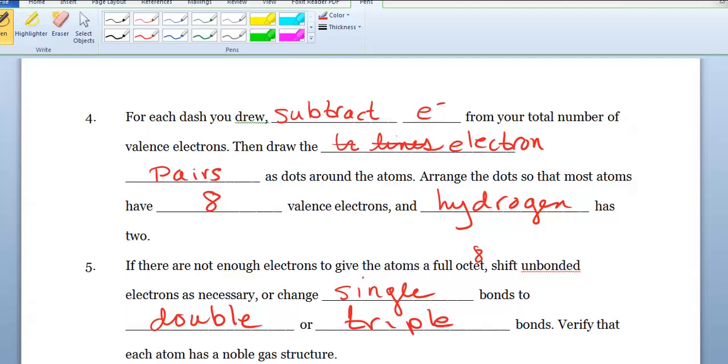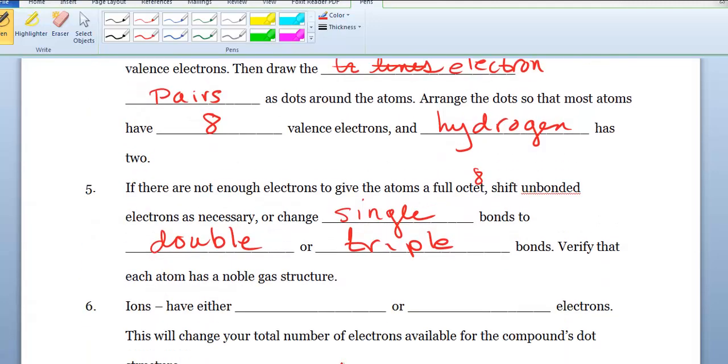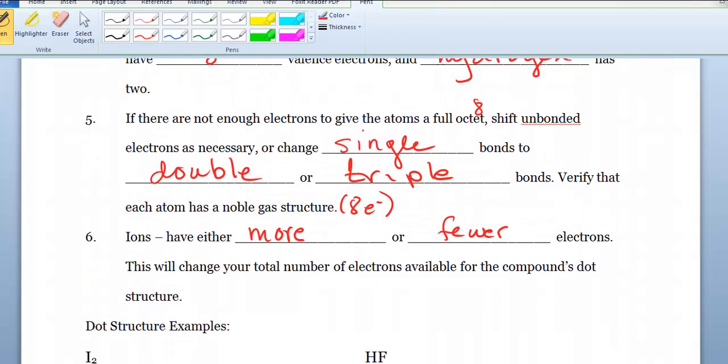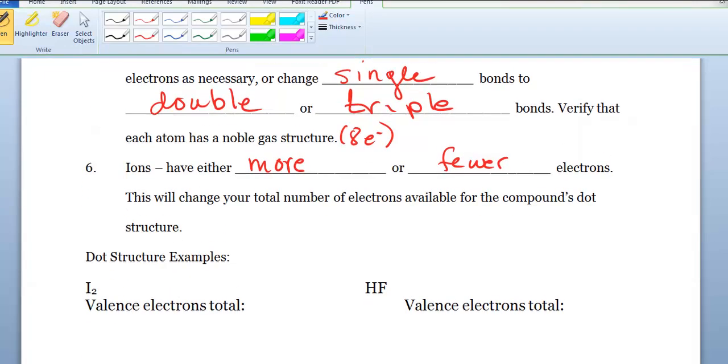And we want to verify that each atom has a noble gas structure, or 8 electrons around it. Ions have either more or fewer electrons than protons in them. So if we come across an ion, we're going to need to either add if it's a negative ion or subtract if it's a positive ion.